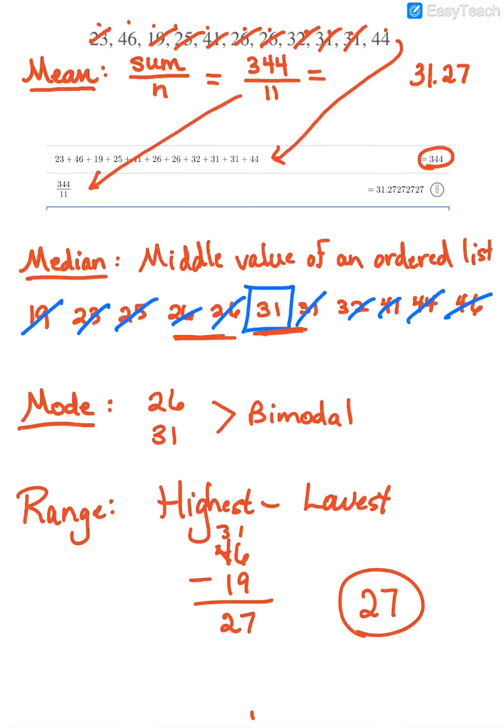Okay, for variance and standard deviation, we have to know whether we're calculating the variance and standard deviation of a population or of a sample. In our case, they just gave us this complete set of data and they were asking for the standard deviation, so we're going to calculate the population standard deviation.